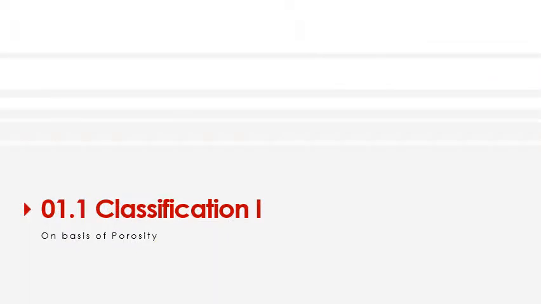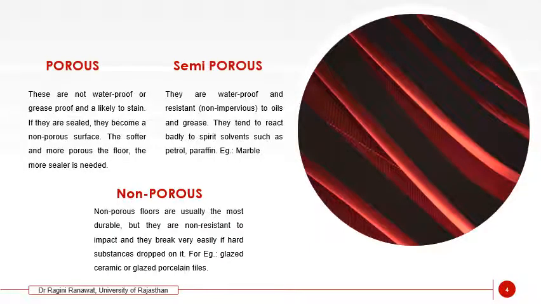Now there are two types of classifications while we learn about the types of flooring. The first one is based on porosity. On the basis of porosity, there are three types of floorings: number one, porous, then semi-porous, and the third one is non-porous.